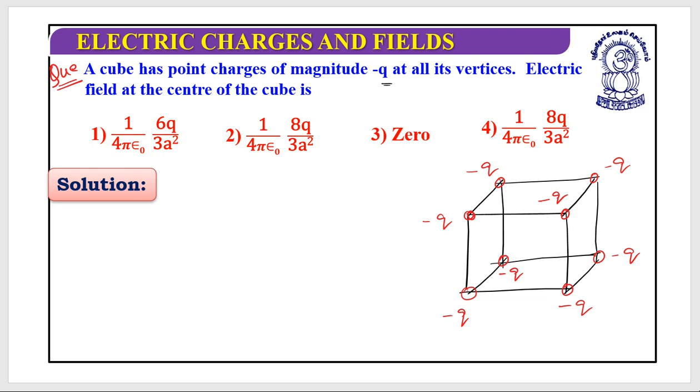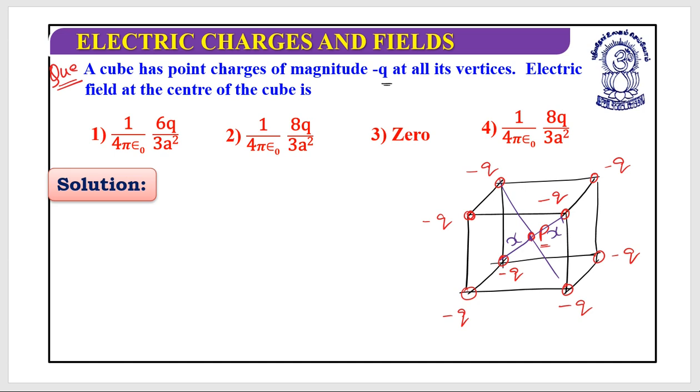Yes, electric field at the center. This is the center. This is the electric field at point P. Now you must know that if I make a distance x, let's say this is the distance x, then this must be the distance x. This is the distance x, this is the distance x.